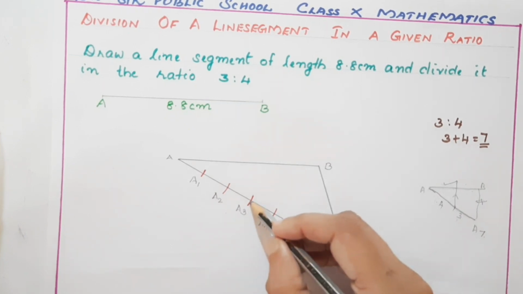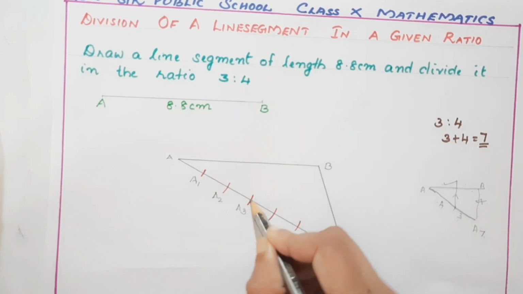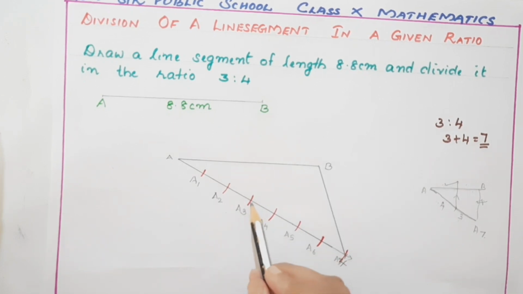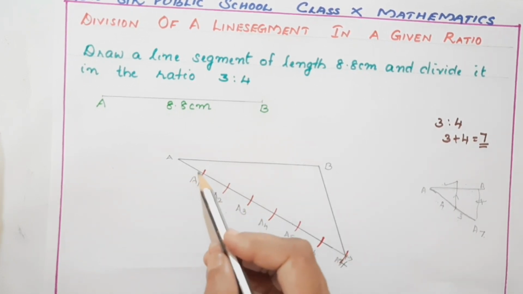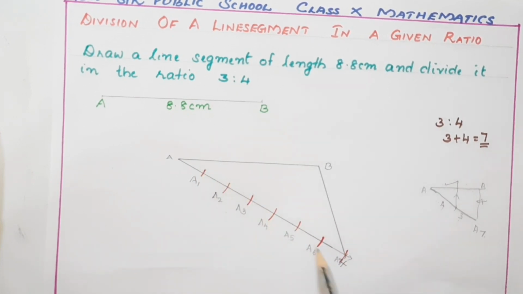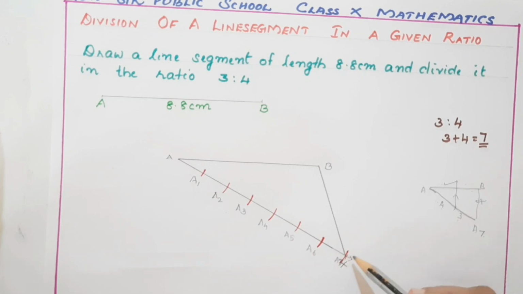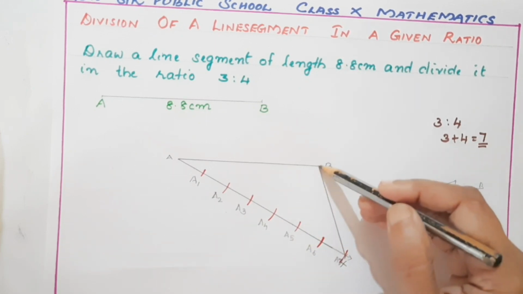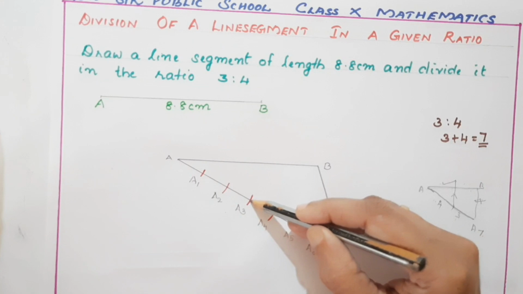Okay. So at A3 we have to construct. Then if we are considering this point A3, this part will be 1, 2, 3 and this part will be 1, 2, 3, 4. It will be 3:4. Now we are going to construct a line parallel to BA7 at A3.